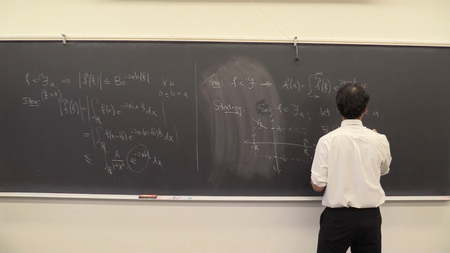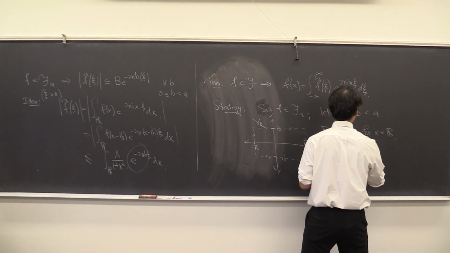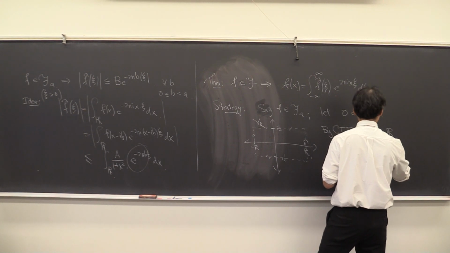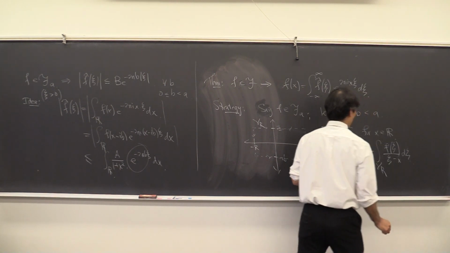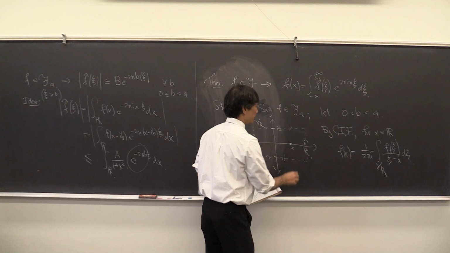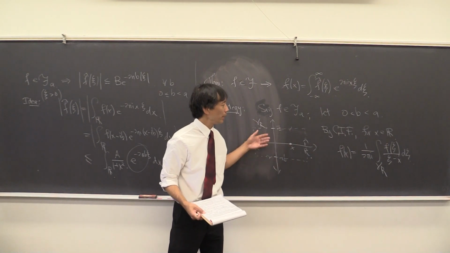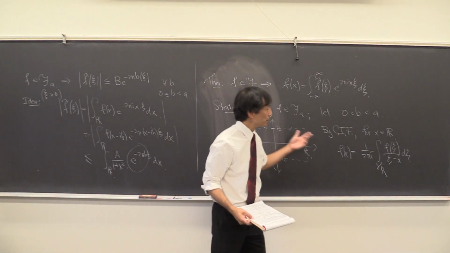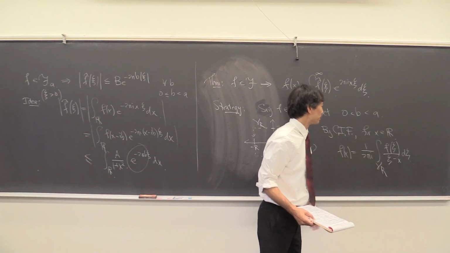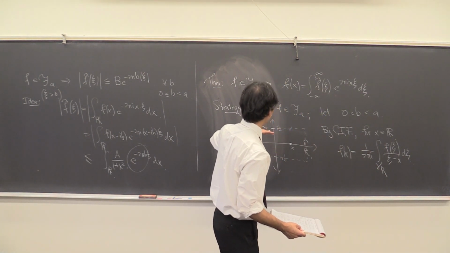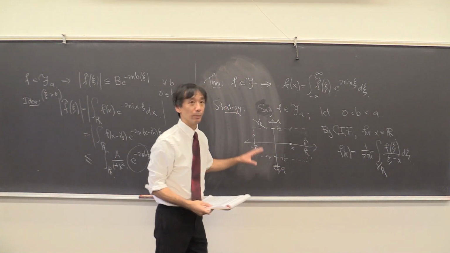By the Cauchy integral formula, we have that for x in R, f of x is going to be 1 over 2 pi i times the integral of f of zeta over zeta minus x d zeta, for sufficiently large R. So take some real x, and then take R big enough that x is contained inside there, and we can use the Cauchy integral formula on it, because we assumed that f was holomorphic in a strip that contains this box.